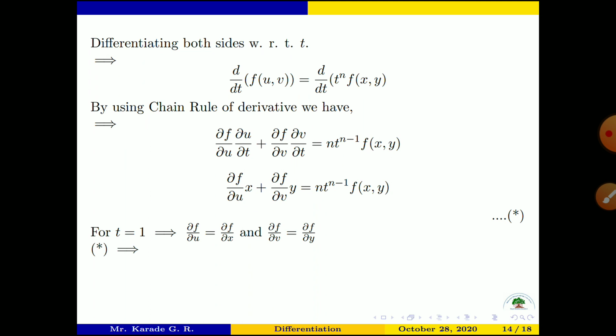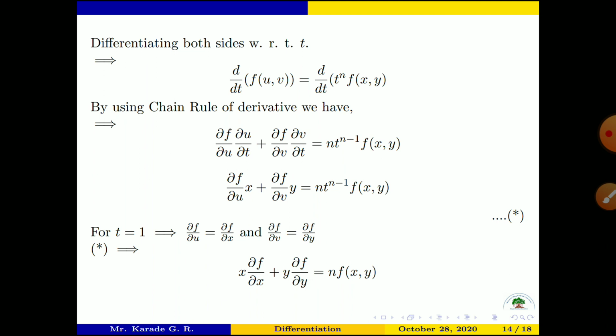So equation star becomes like this: x into ∂f/∂x plus y into ∂f/∂y is equal to n into f(x, y).